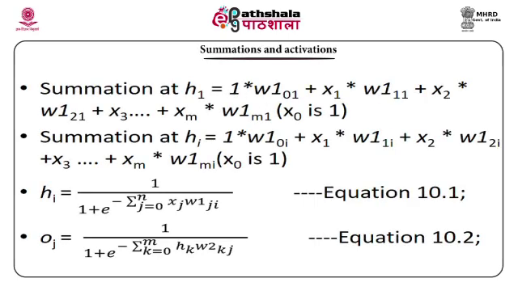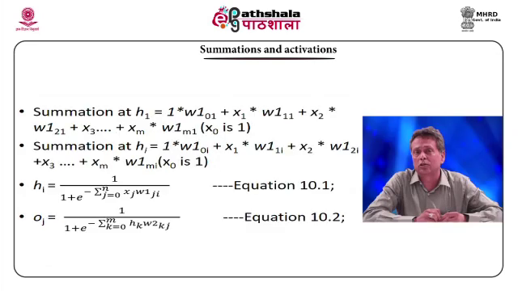You can set h1 equal to x0, which is always 1, times W101, plus x1 times W111, x2 times W121, x3 times W131, and so on till the last one. Remember total values are m, so we have the last one as W1m1.